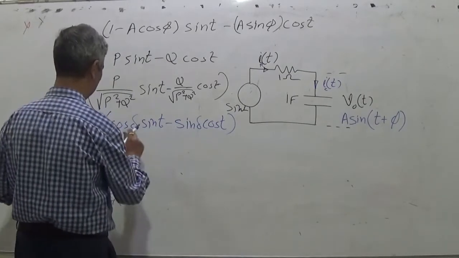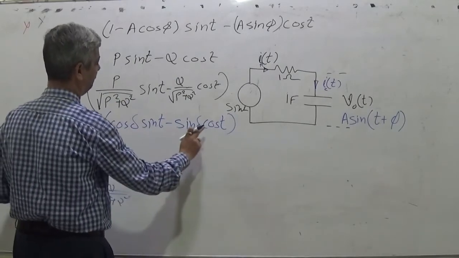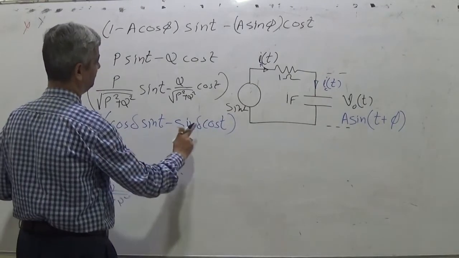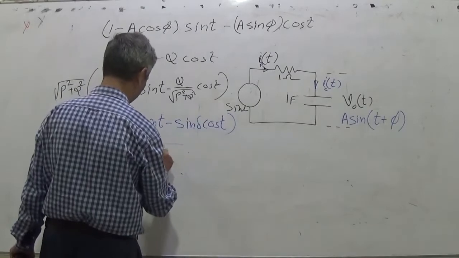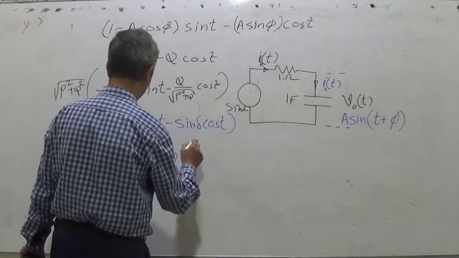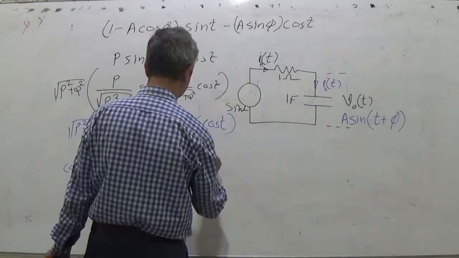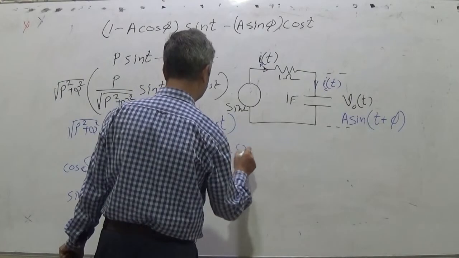So this is equal to sin t cos delta minus cos t sin delta, multiplied by under root p square plus q square, into sin of t minus delta.